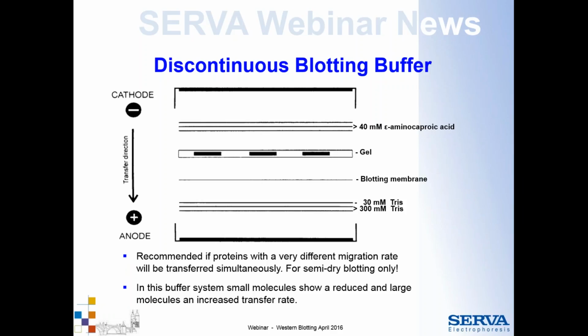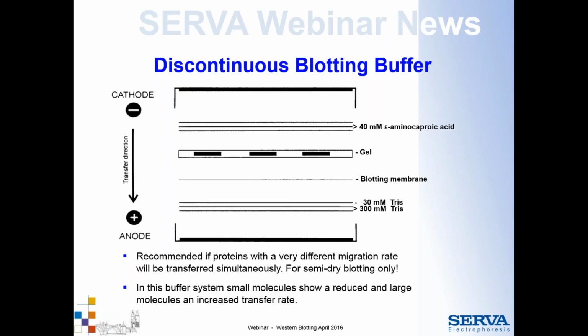So at the cathode, the buffer is aminocaproic acid, and at the anode there are two different types of Tris buffers used, where the Tris concentration is different.